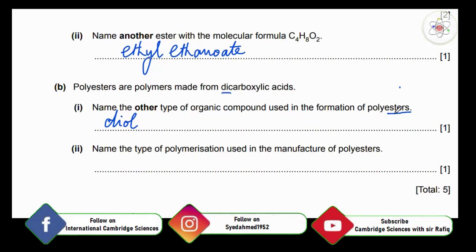Name the type of polymerization used in the manufacture of polyester. There are two types of polymerization: addition and condensation, right? So when the linkage is formed followed by the elimination of a smaller molecule like water or hydrogen chloride or something like that, this is called condensation polymerization.